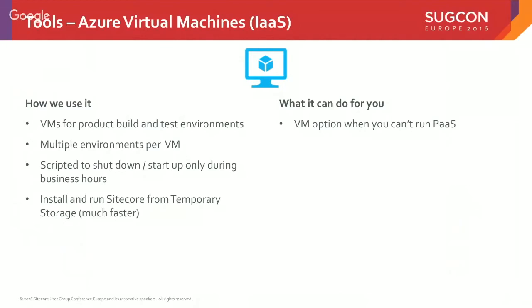And one thing to note is that because these instances, again, are transient, we only need them for a short time, we actually run them on the temporary storage drive of the Azure VM, and this made the install of Sitecore and all this much, much faster. I think it was several times faster.